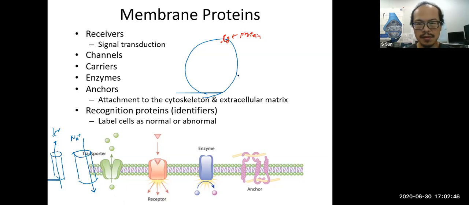And this is lipid. So in this lipid membrane, we can anchor a lot of protein to it. And these proteins serve a lot of functions. The major function is to provide a channel so stuff can go in and out, so it can diffuse across.